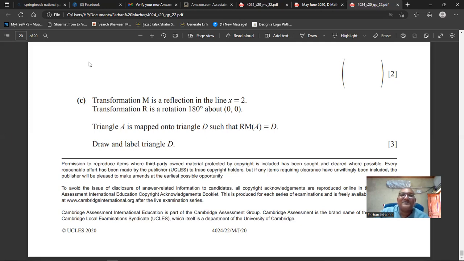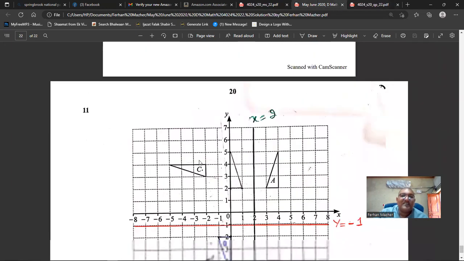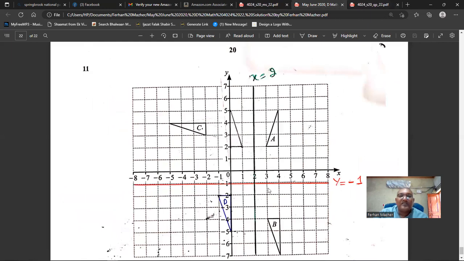So let me show you. Here x equals to 2. I will reflect that A in this line. The reflection of A will give you this triangle, and this is M. Then you apply the rotation of 180 degrees about the origin. When it rotates 180 degrees about the origin, you will get this.